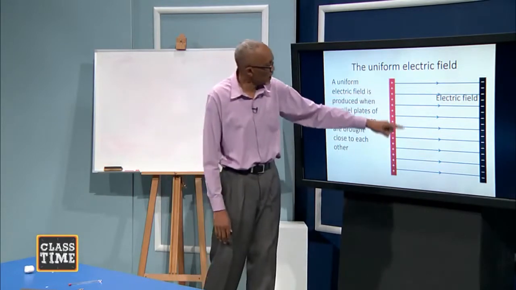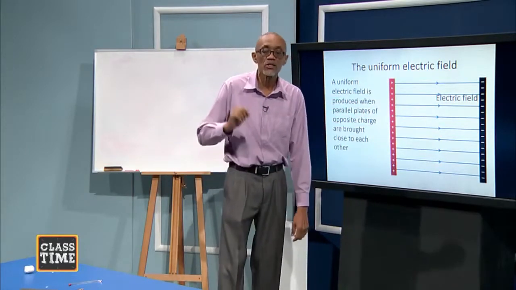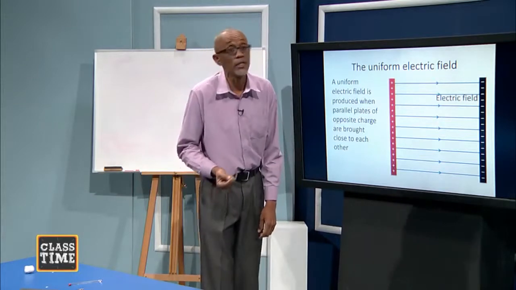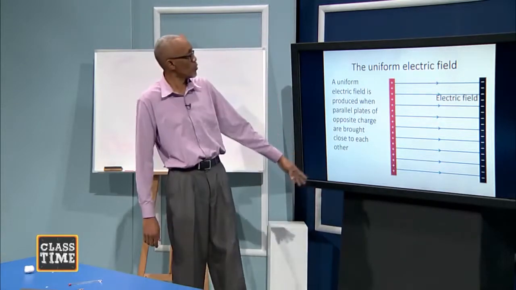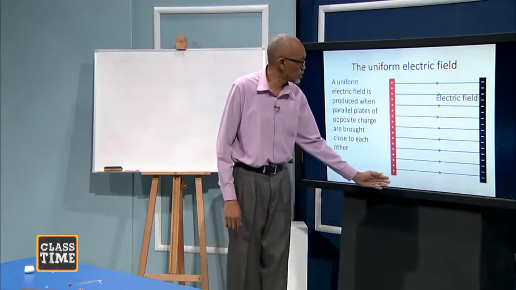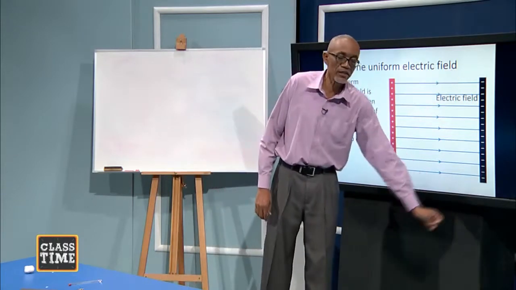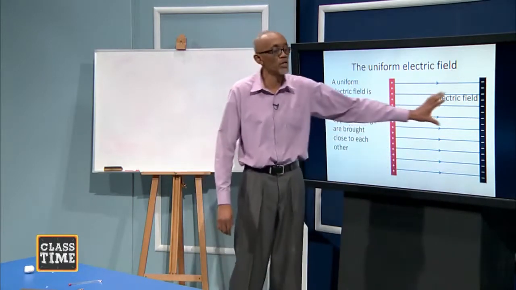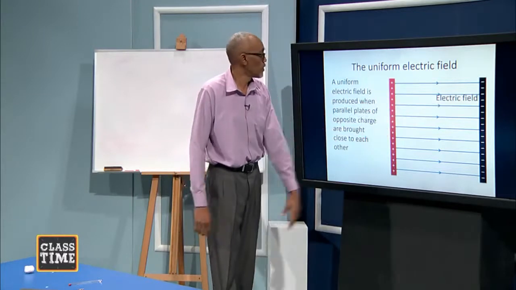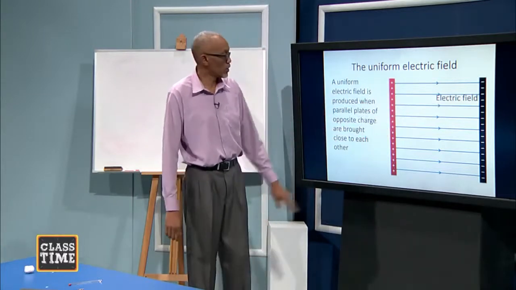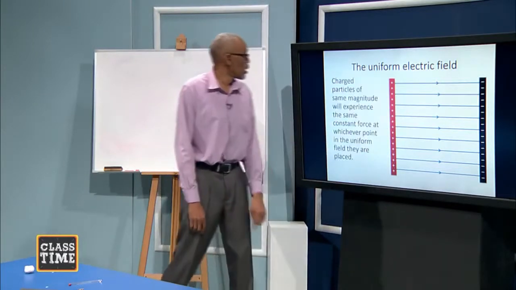And if you notice, the lines are evenly spaced, suggesting uniformity. So we have a plate that is positively charged and a plate that is negatively charged, and in between that we will have an electric field, okay? All right.